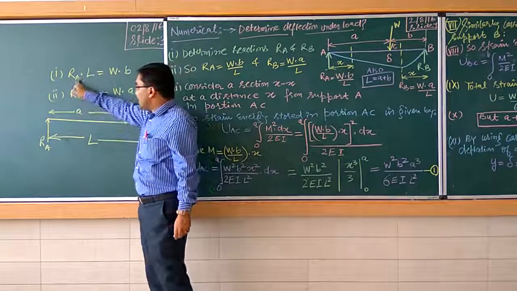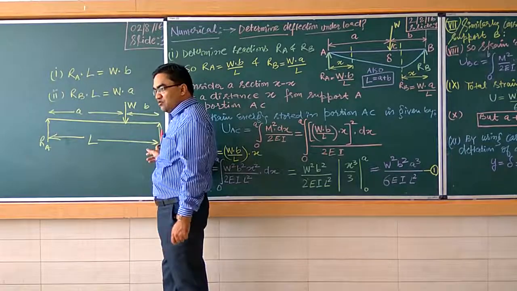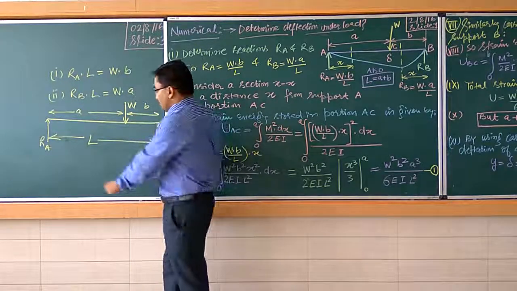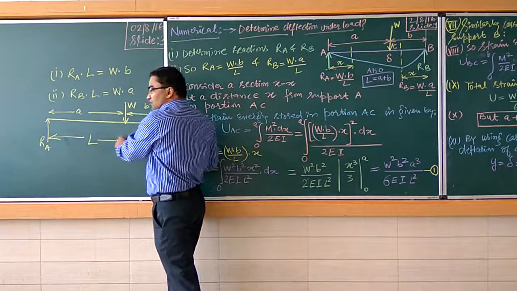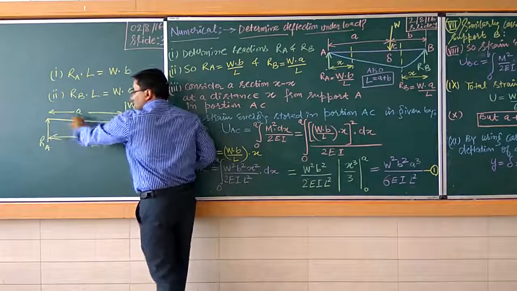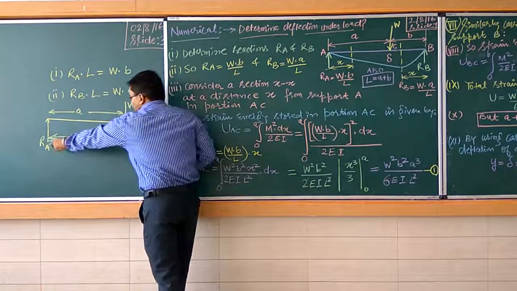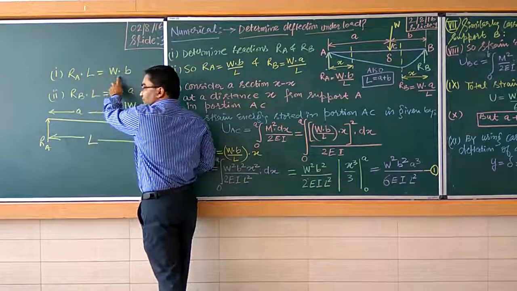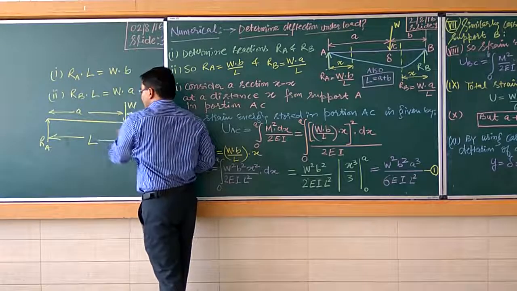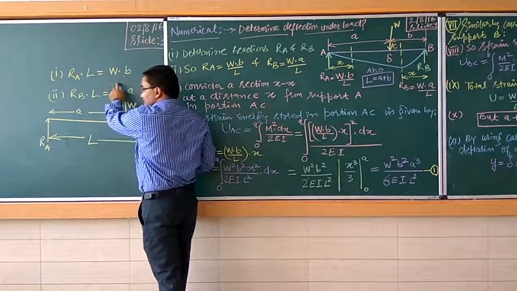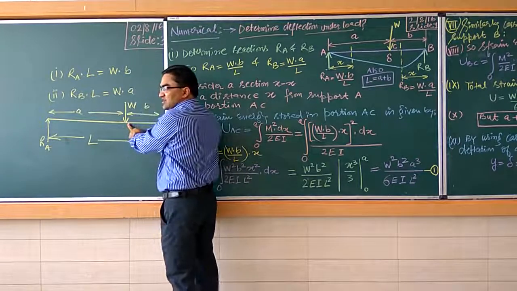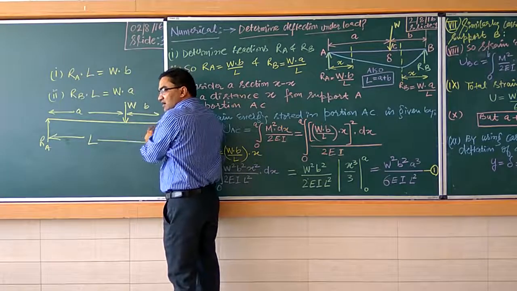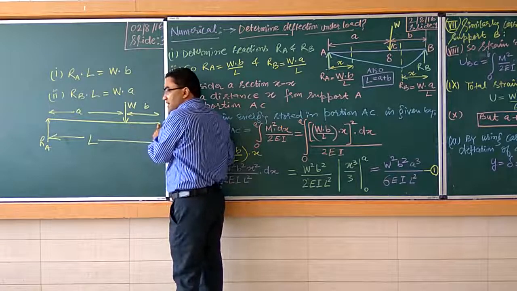Taking the moment about B: RA into L equals W into b, since one moment is anti-clockwise and the other is clockwise.